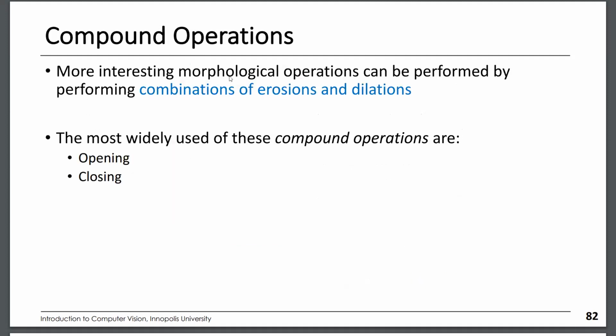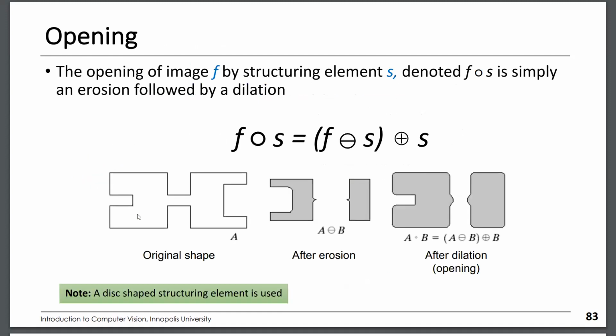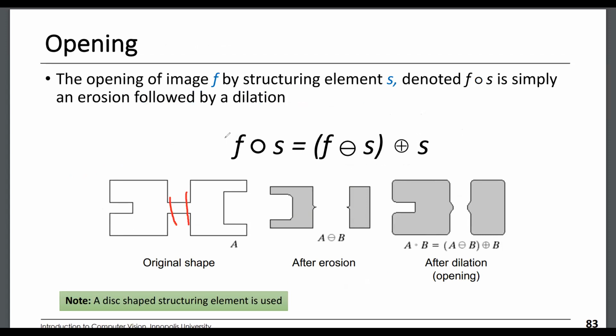And basically what we will be doing is that we could combine erosion and dilation into two a bit different calculations. First one is opening. So opening simply creates an opening, as it says, in the original shape.